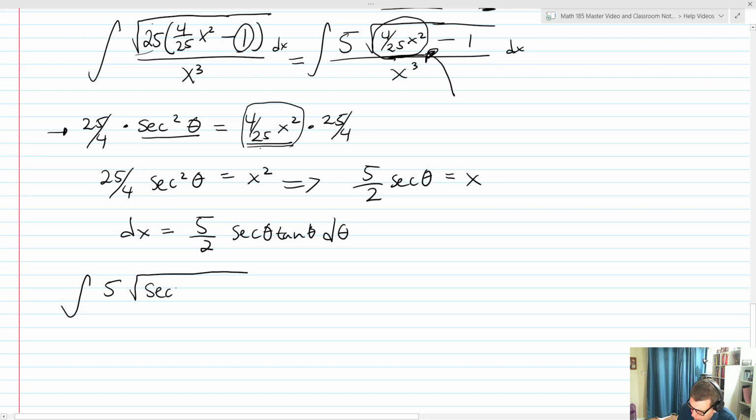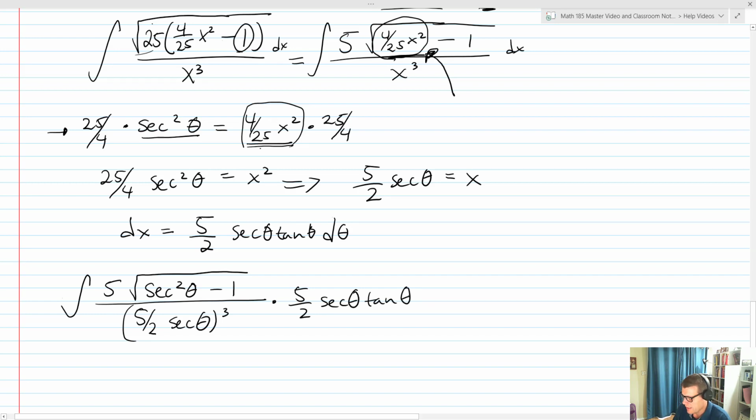So this now is secant squared theta minus 1, over x, which is 5/2 secant theta. So this is going to be 5/2 secant theta cubed, and then times 5/2 secant theta tan theta, d theta.